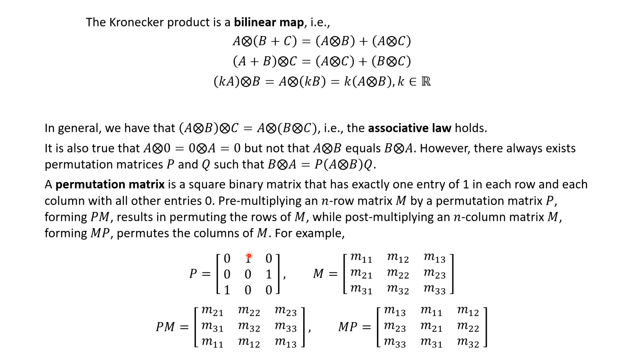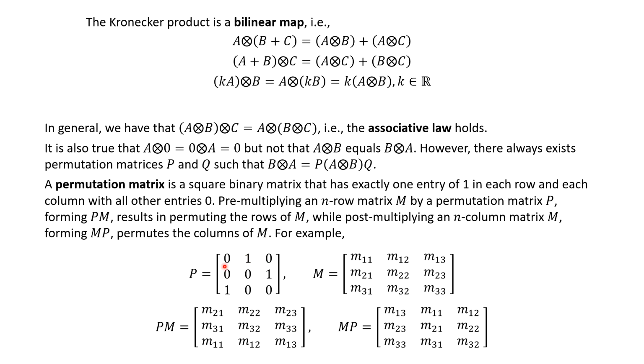So here we have our permutation matrix, and here's an example matrix M. If you multiply on the left, or what I called pre-multiplying, you notice that the first row becomes the third row, the second row becomes the first row, and the third row becomes the second row.